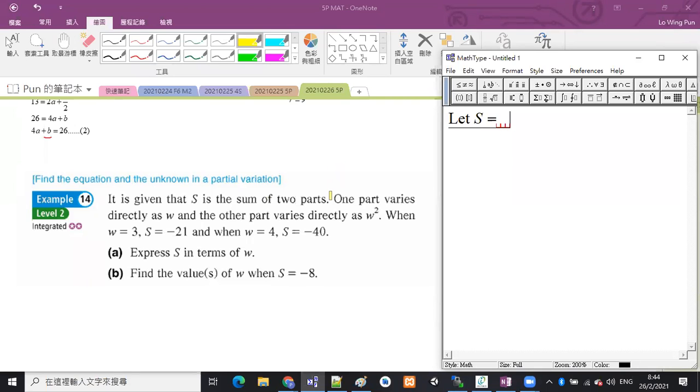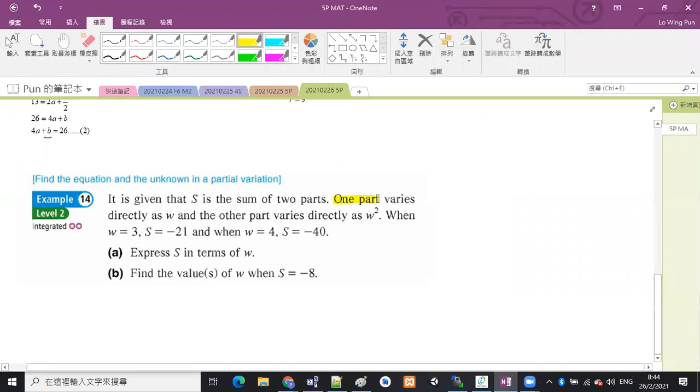Okay, so something plus something. Okay, one part varies directly as W, and then the other part varies directly as W square.